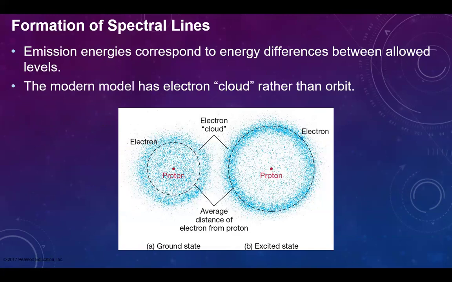So in the modern model, instead of the electron being in a nice circular orbit, it's in a fuzzy cloud around the nucleus. And that cloud can have some weird shapes. But again, there are energy levels.